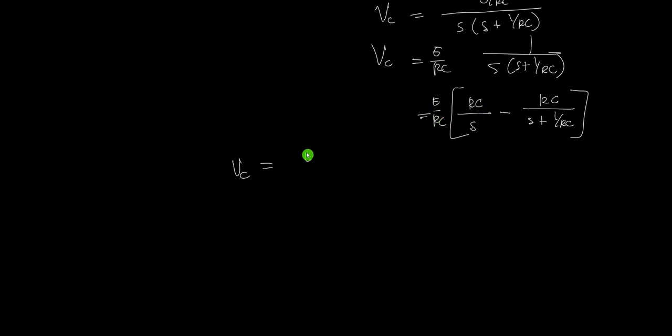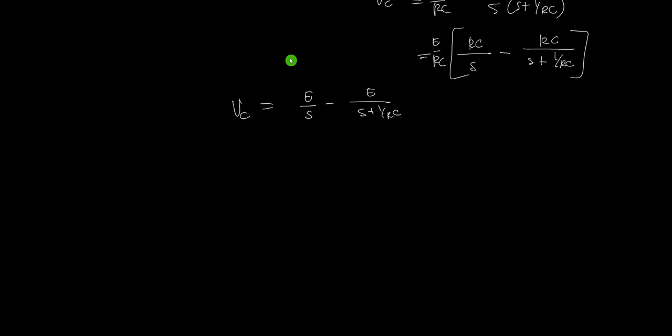This will become E all over S minus E all over S plus 1 over RC. Then if we take the inverse Laplace now, we can actually take the inverse Laplace, so that we have the output in the time domain.